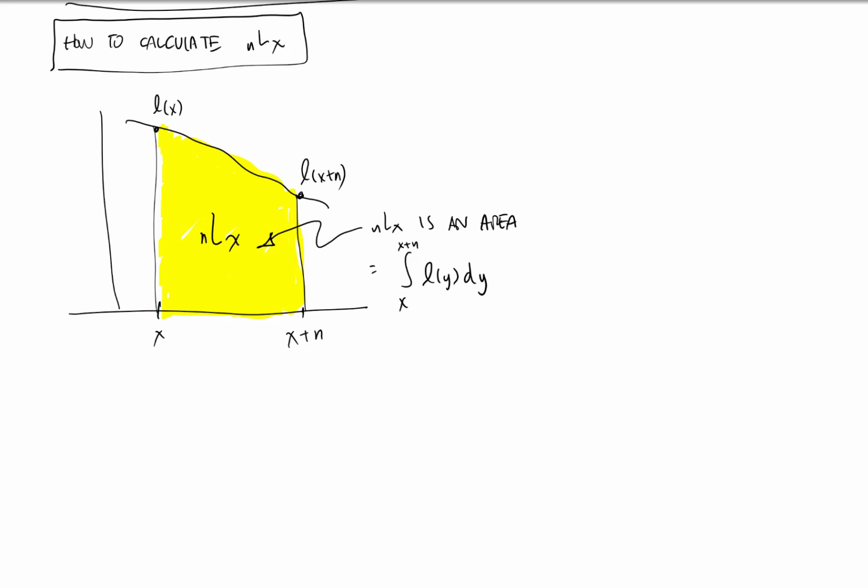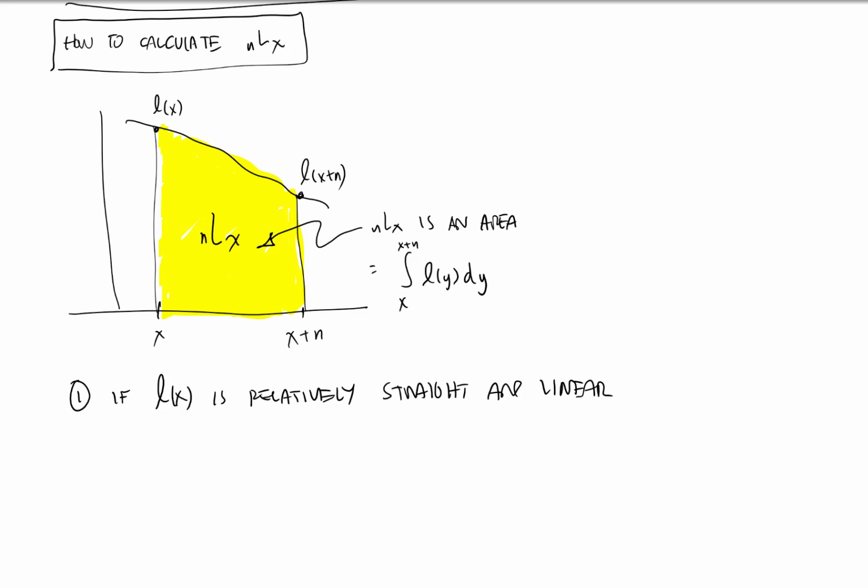We have several ways to calculate it, and our first way is if L of x is relatively straight, relatively linear, and that happens if, for example, n is short over the interval x to x plus n.